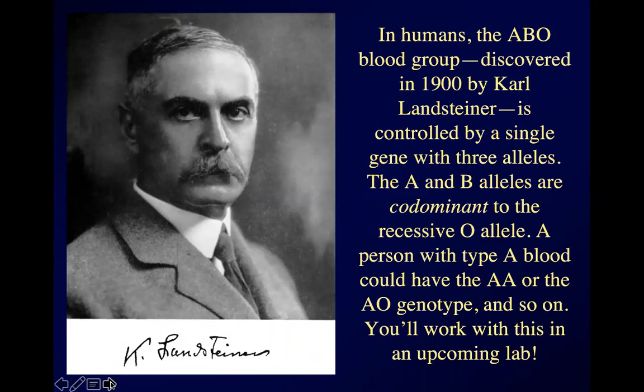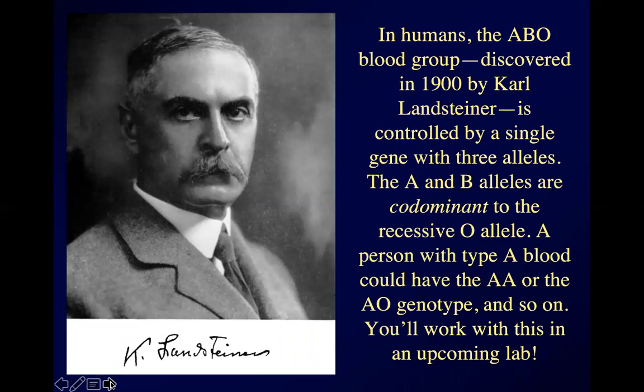And you may know, especially if you've given blood, that there's four basic human blood types. There's type A, type B, type AB, and type O. Type O is what I've got. And this is governed by having three alleles, which we can just abbreviate with the letters A, B, and O.